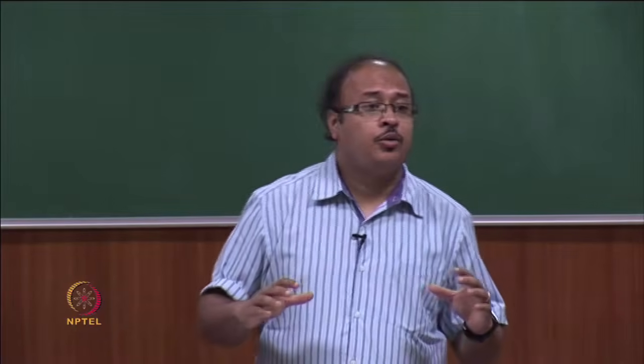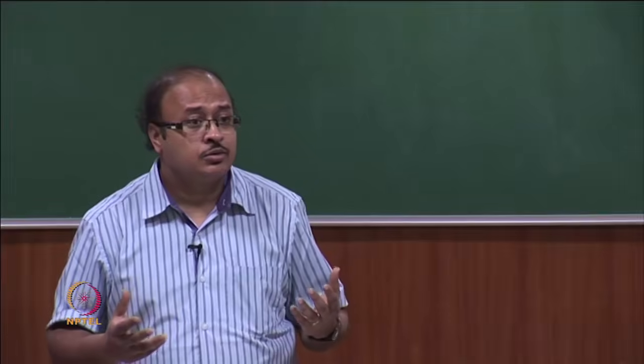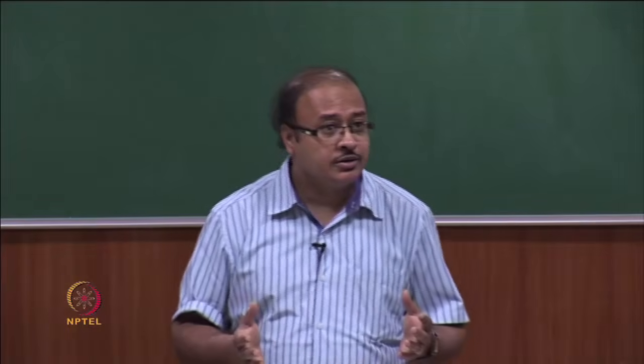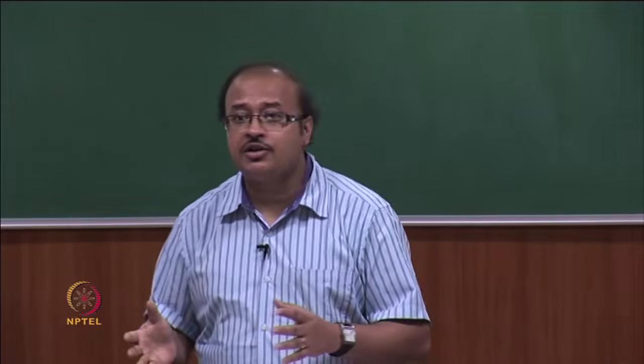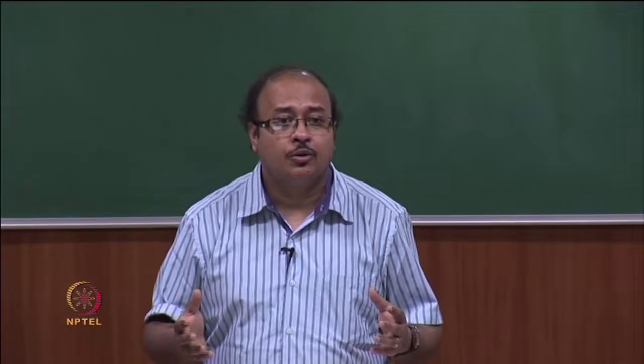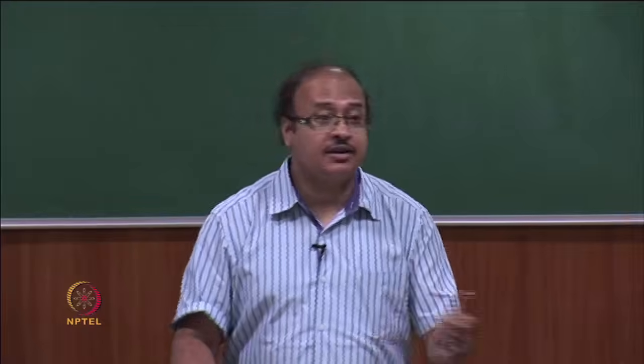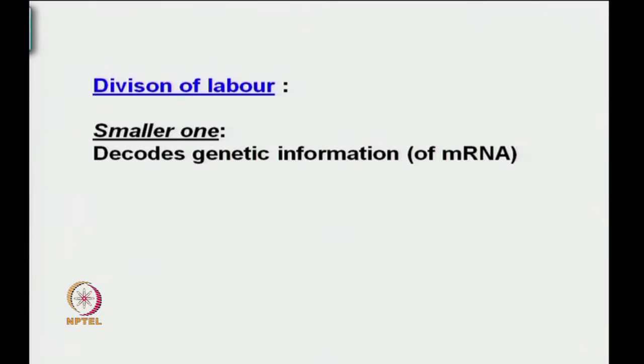So, what does the ribosome do? Is there a division of labor among the smaller and larger subunits? There is. What does the smaller one do? It decodes the genetic information carried by the messenger RNA, or mRNA.